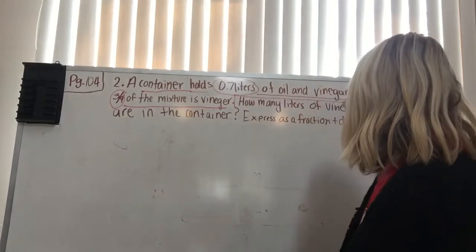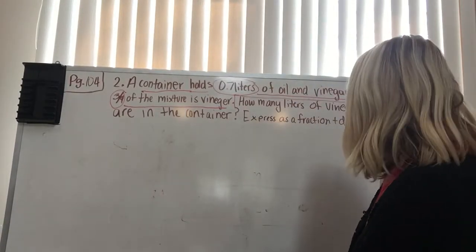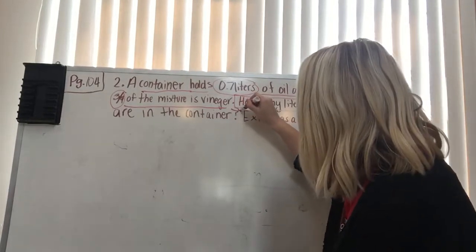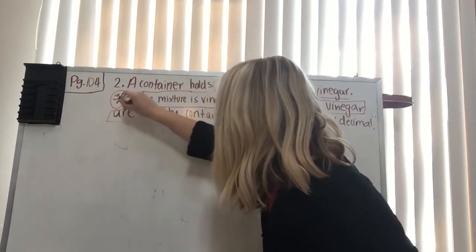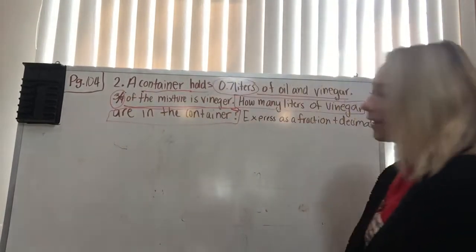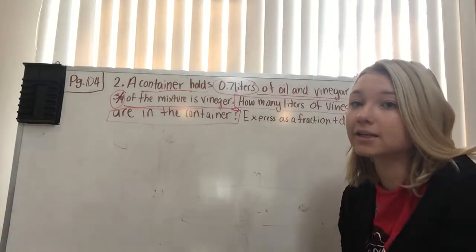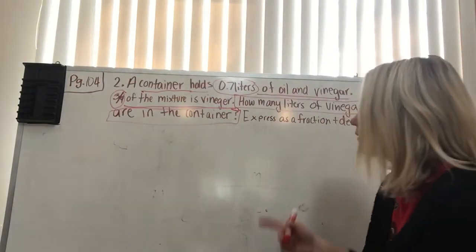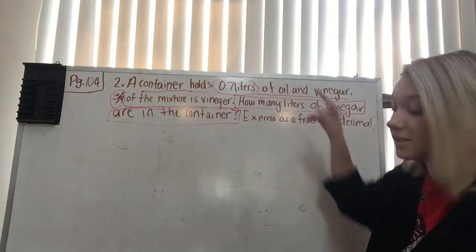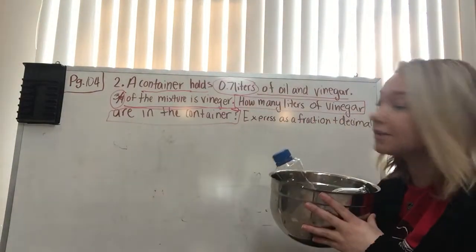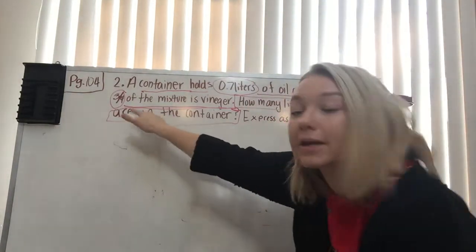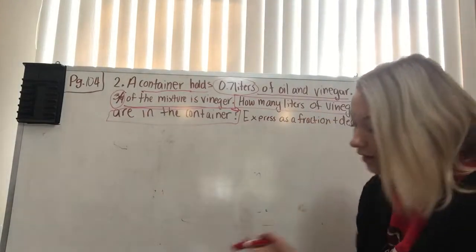How many liters of vinegar are in the container? We know how much is in the bowl all together, and we know how much of the mixture is vinegar, so we need to figure that out.